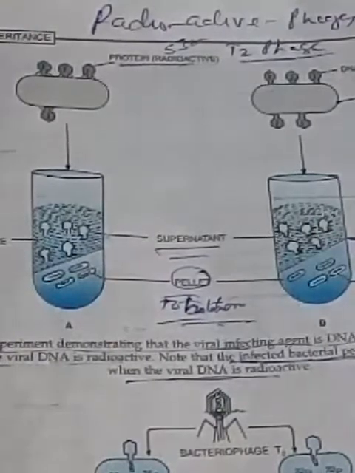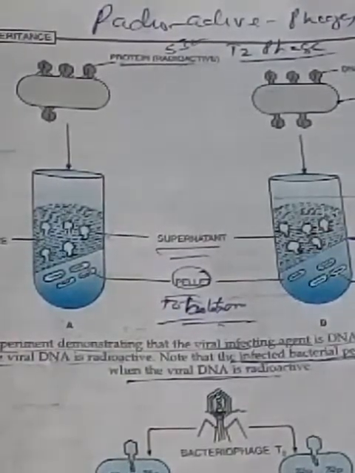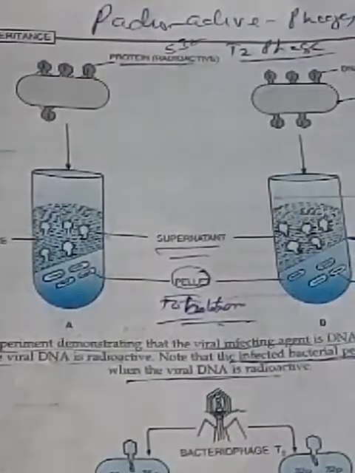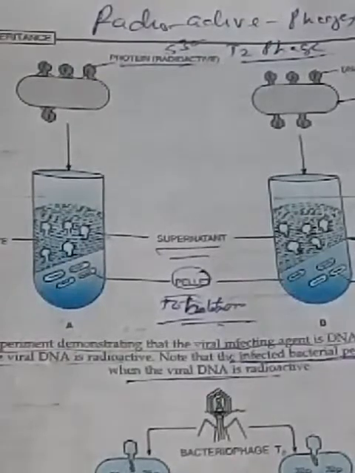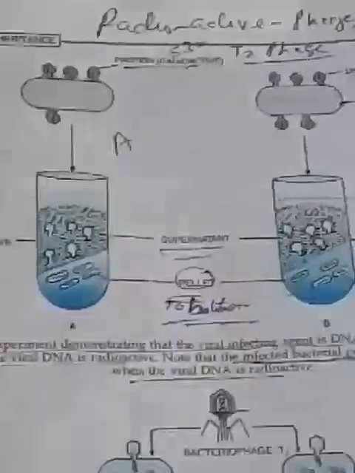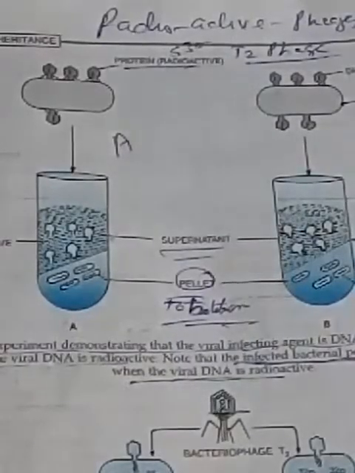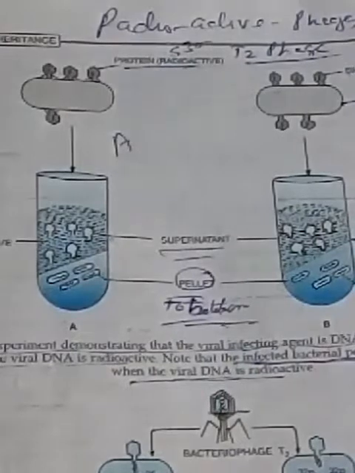One set of virus was given radioactive phosphorus and the other set was given radioactive sulfur. It means in case A the protein coat was radioactive, in case B the DNA was radioactive, because phosphorus is part of DNA and sulfur is part of the protein coat.